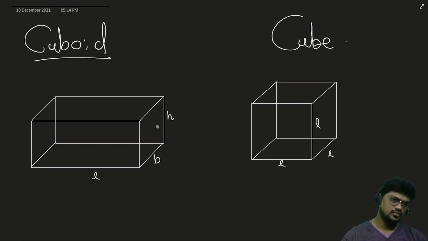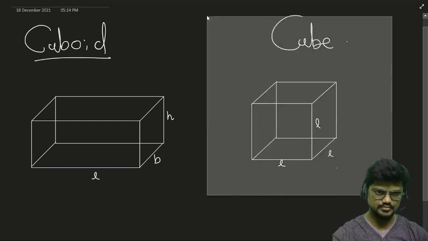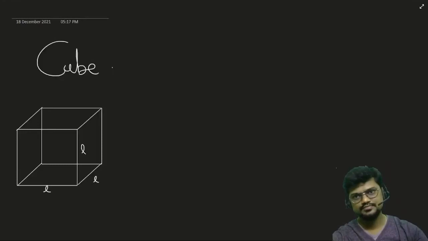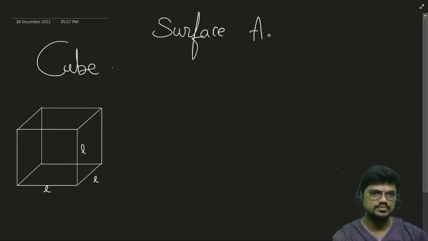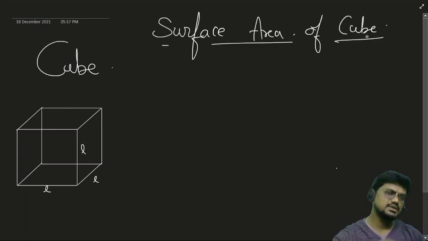First, we'll understand what is the surface area of a cube and a cuboid. If this is a cube, and if you want to find the surface area of this cube, total surface area means the surface area of all the faces.